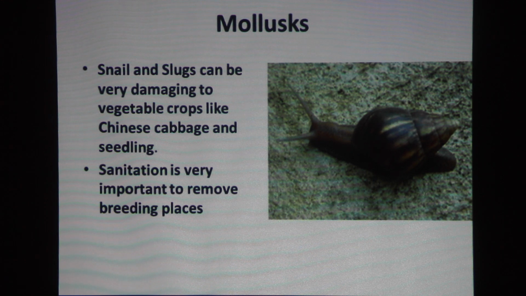So if you keep your place nice and clean, with good sanitation, you will have fewer problems with snails. If you see snails, you can handpick them and step on them, or take a shovel and hit them and destroy them.